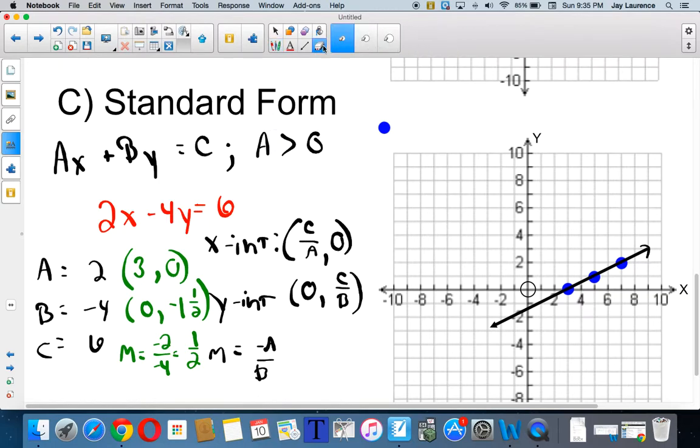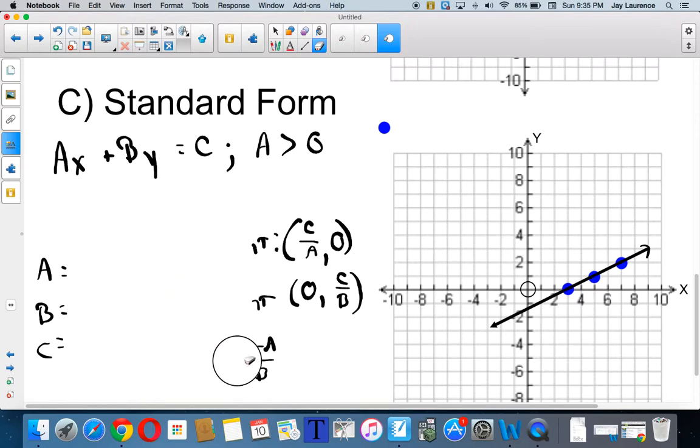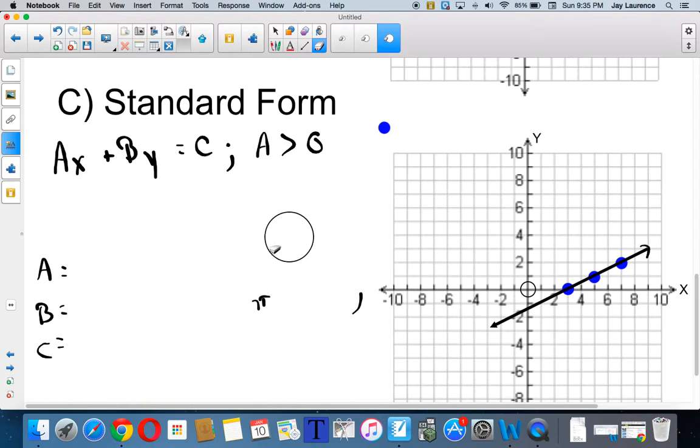All right, so let's try another one here. This time, let's make it so that there aren't integer coefficients. And we'll get it into standard form and use the integer coefficients. All right, so let's see here. Okay, so our new equation, this time, I'm going to leave that line on there. It won't hurt anything.